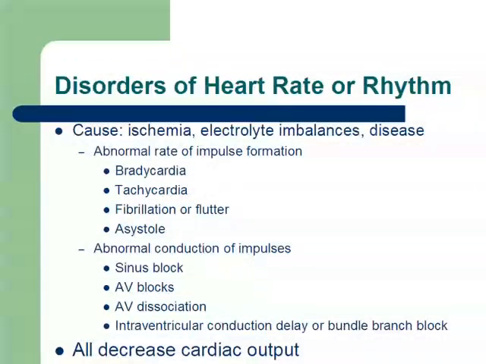It's taking longer for the conduction to get from the AV node to the ventricular cells. And it's a new term that's used because it's not always a blockage in the bundle branches that's causing prolongation of your QRS. It could be medications or an electrolyte imbalance. You'll still see bundle branch block used. But all disorders of heart rate and rhythm cause a decrease in your cardiac output.